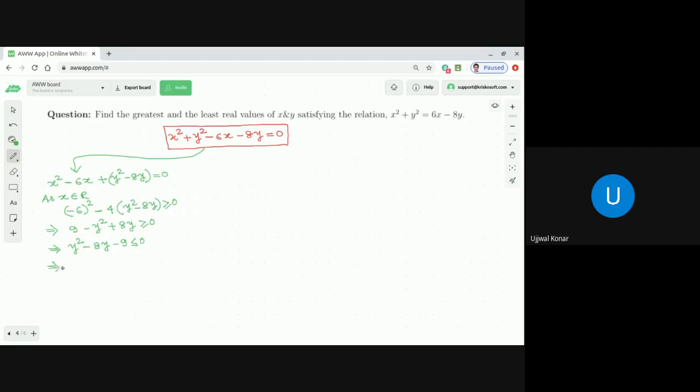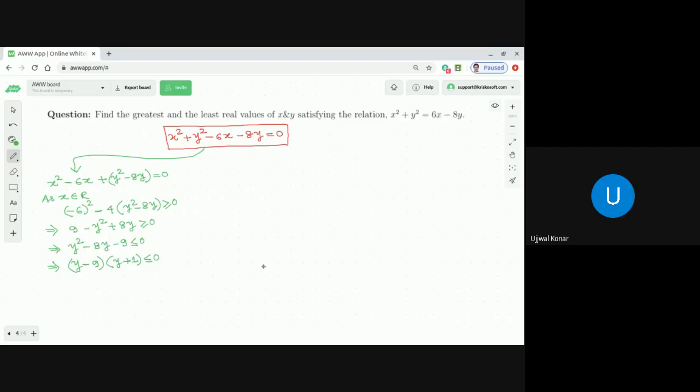After that, what we need to do, dear students, is middle term factorization. So let me check whether I did it correctly or not.